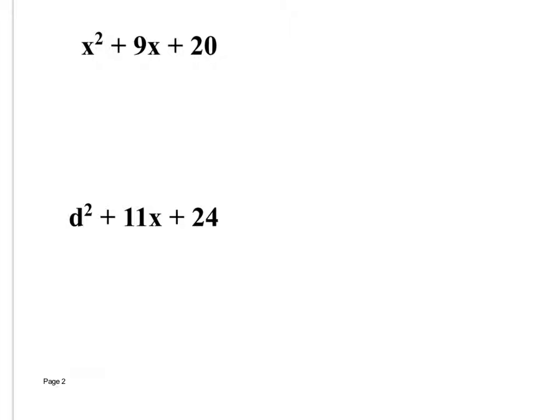For the first set of problems we're going to do, b and c are both positive. The first thing you can do is always look at your signs and figure out: is b negative, or is c negative, or are both of them negative, because it changes your rules and what you're looking for.